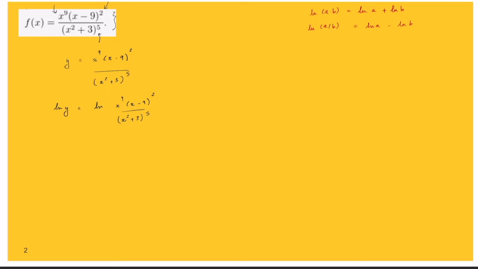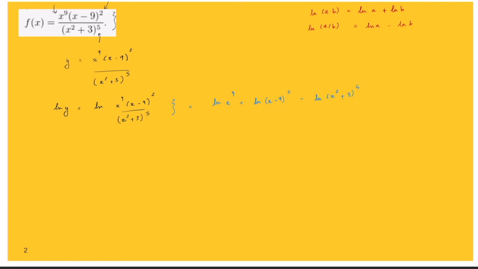Using these rules, we can simplify the right hand side as the natural logarithm of x to the 9, plus the natural logarithm of (x minus 9) whole squared, minus the natural logarithm of (x squared plus 3) whole raised to the 5.